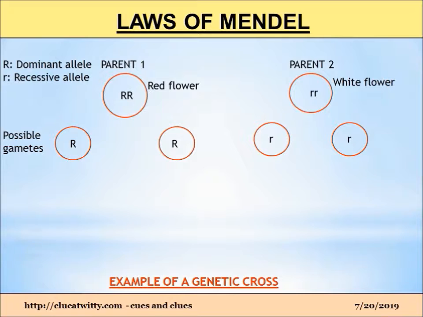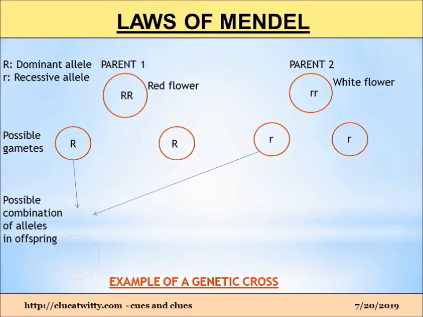During the process of fertilization, there are 4 possible combinations of alleles in the offspring. When capital R fuses with small r, capital R small r is formed and the phenotype of the flower is red.